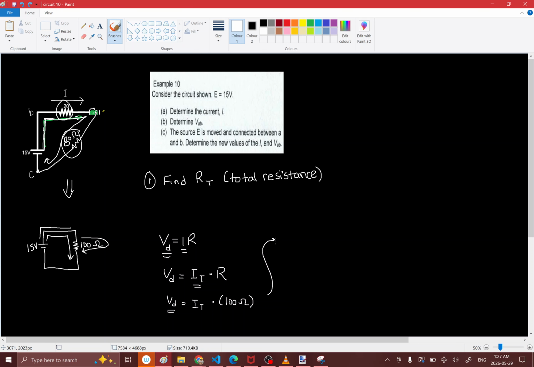So if we take our calculation over here, 15 volts drops across the resistor, IT multiplied by 100 ohms. 15 divided by 100 is equal to IT, and that will give us 0.15 amps as IT, or you can write that as 150 milliamps. So that's the first question.